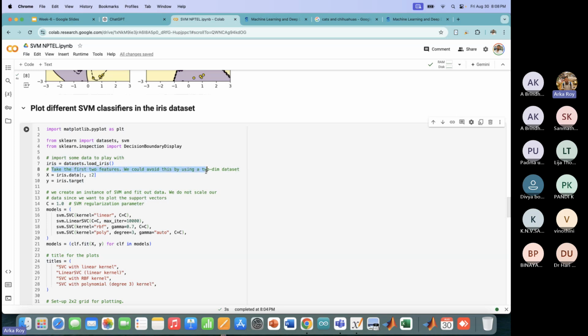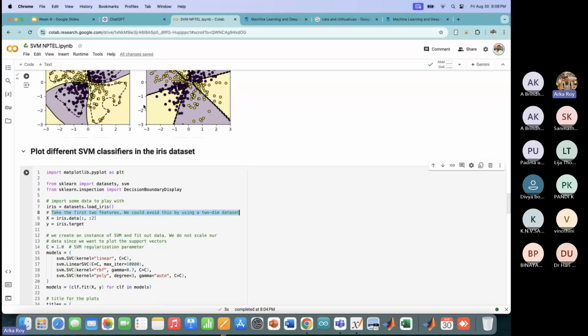We could avoid this by using a 2-dimensional dataset. In the previous case, we had considered a 2-dimensional dataset. However, the IRIS dataset is a higher-dimensional dataset. I am only considering the first two features, such that the problem still remains in 2 dimensions. As well, I need to collect the labels, and this is what I can get from the variable y equals IRIS.target.